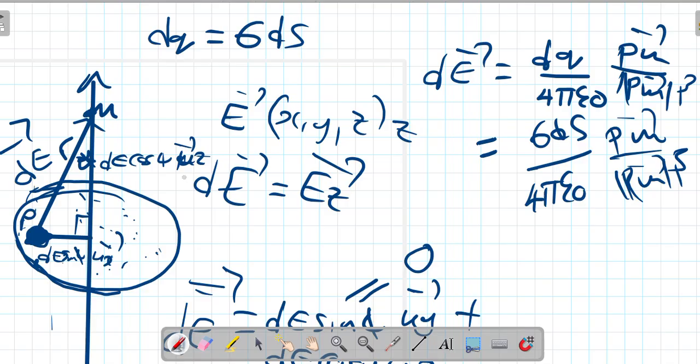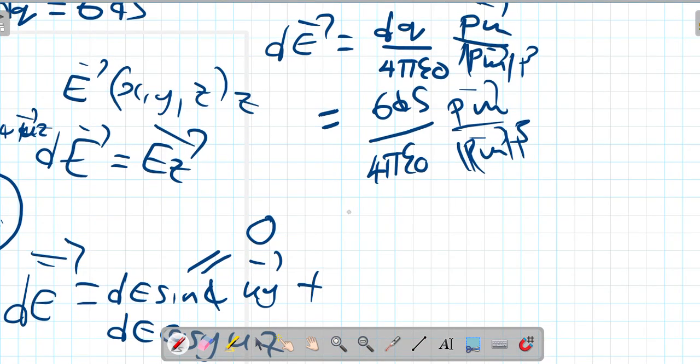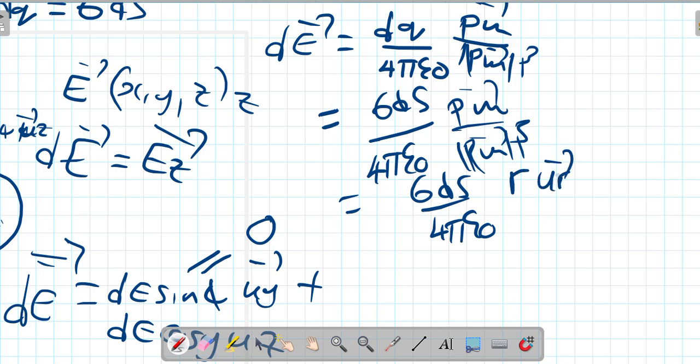What is PM? Where there's PM, PM is equal to R. I'm just calling it R, or I can also put the unit vector: the magnitude of PM is R, then the unit vector ur. So this is equal to sigma ds over 4 pi epsilon 0, and PM is R times the unit vector ur to show the direction, over the magnitude of PM, which is R to the power 3.